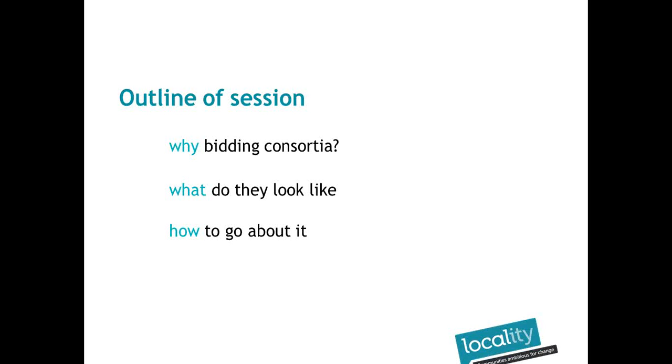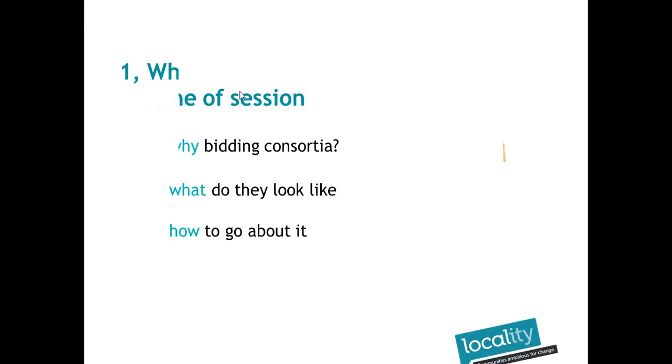And finally, the how of bidding consortia. We will look at how you might go about building bidding consortia. So we'll look at whether, as an individual organisation, getting involved with consortia and more partnership working is for you. We'll look at how you find out more information about partners, and finally we'll look at ways that you go about building a bidding consortium and actually making it happen.